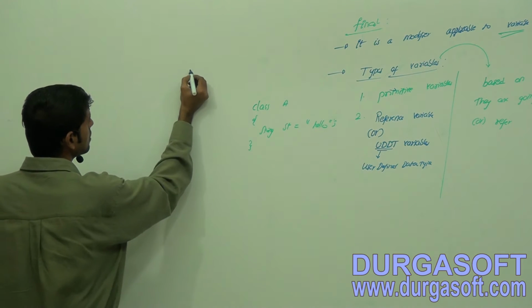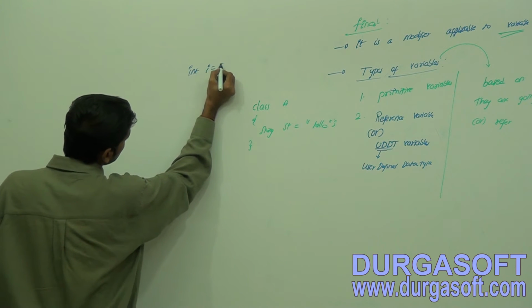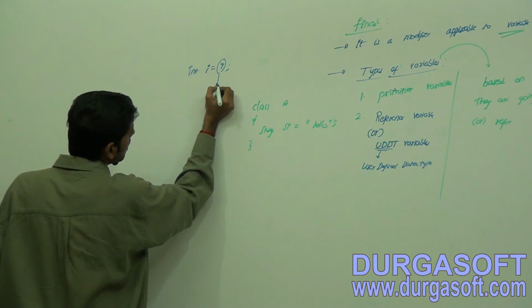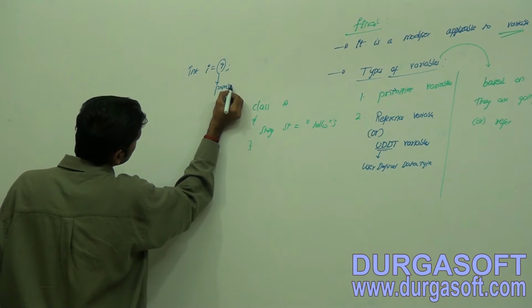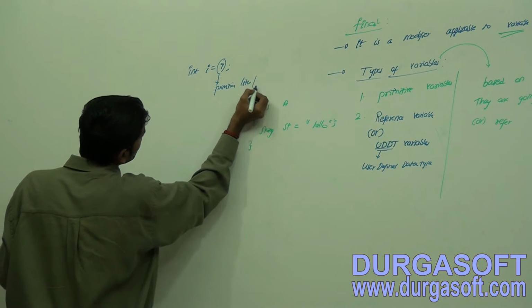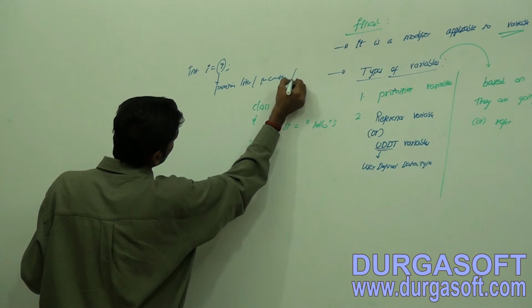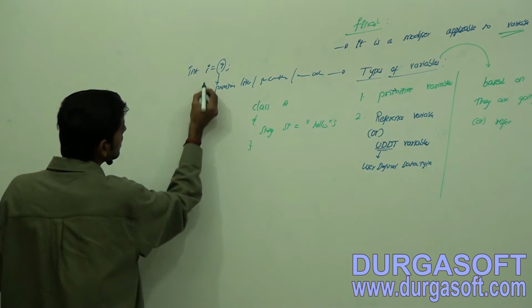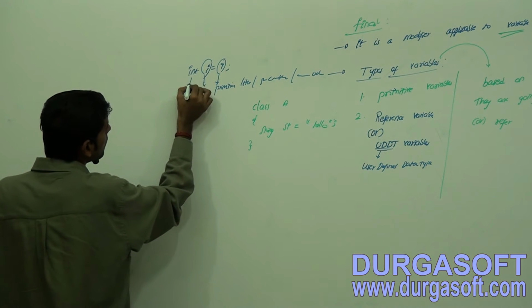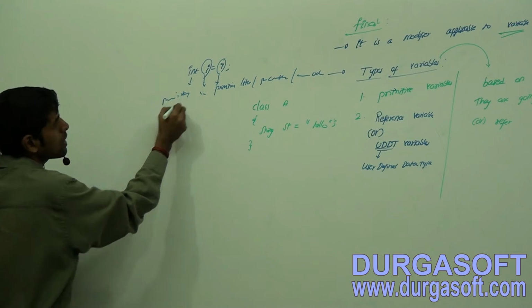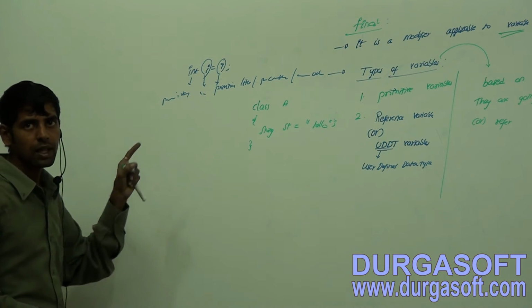Observe here, int i equals 9. What is this 9? A primitive literal or primitive constant or primitive value, right? This is a variable of primitive type. Yes or no?